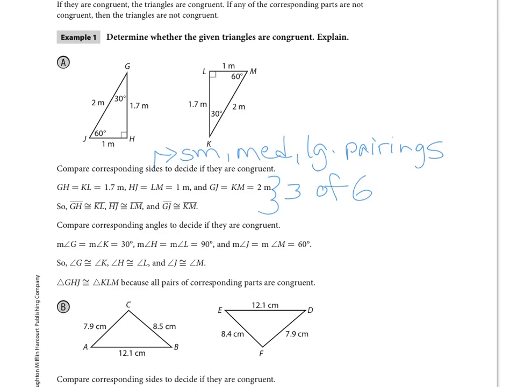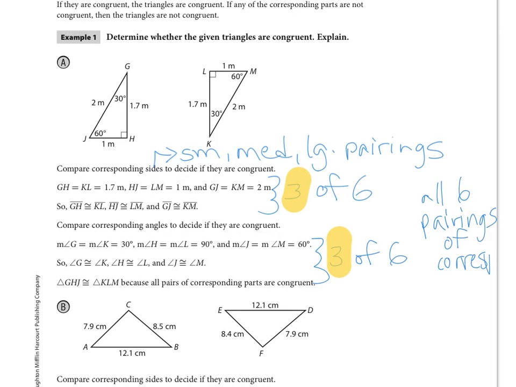So once we've got those 3, we've got our 3 and 3, and that's all 6 pairings of your corresponding sides and angles. Again, you have to have all 6 in order to prove that they're the same.